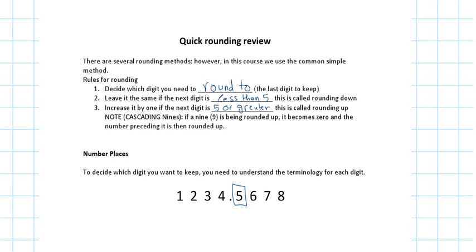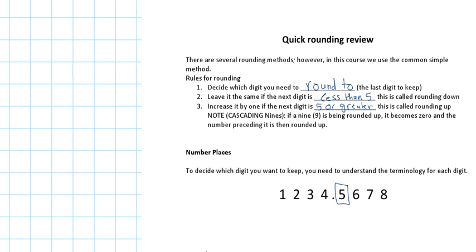So here's a question. Let's say I have 12.324, okay? And I want you to round to the nearest 1 decimal. What's my 1 decimal?